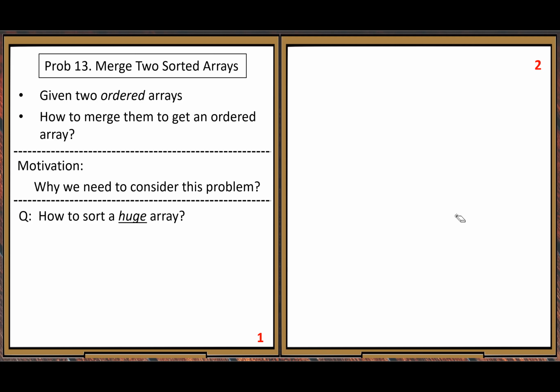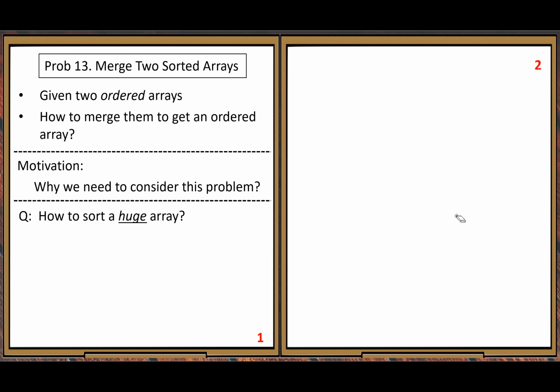Let's consider a special case. We want to sort a huge array. Before we look at this question, currently, when we do the sorting, at this point, we didn't consider the limitation of our computer, right?